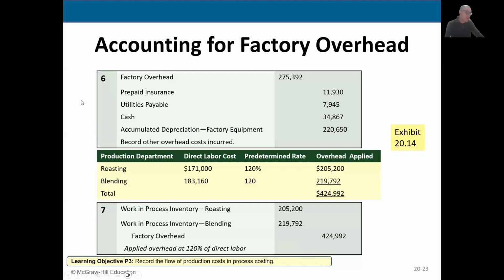Remember, we talked about predetermined factory overhead rate some time ago, and that was when the company makes a predetermination of the overhead based off of an activity base, such as direct labor. So in this case, it's 120% of direct labor. We apply that to each department. And that's how we apply factory overhead to each department.